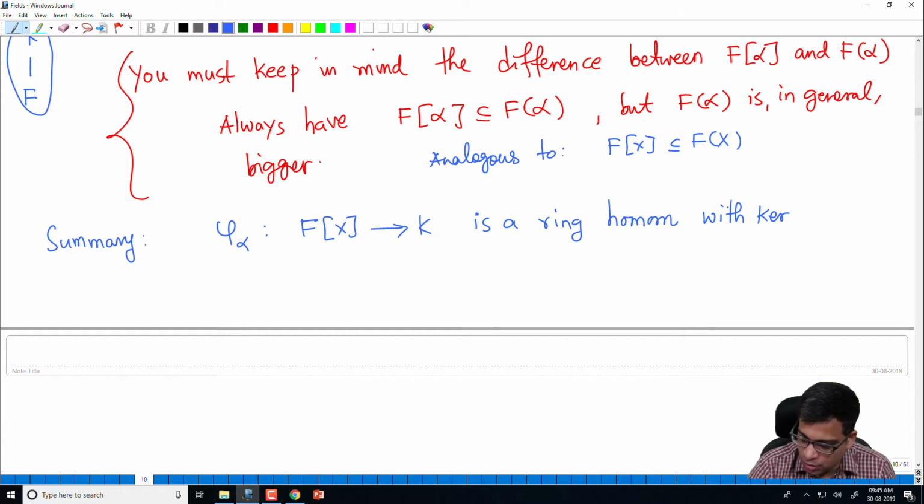Okay, so with the kernel we understand whose image is f(alpha).